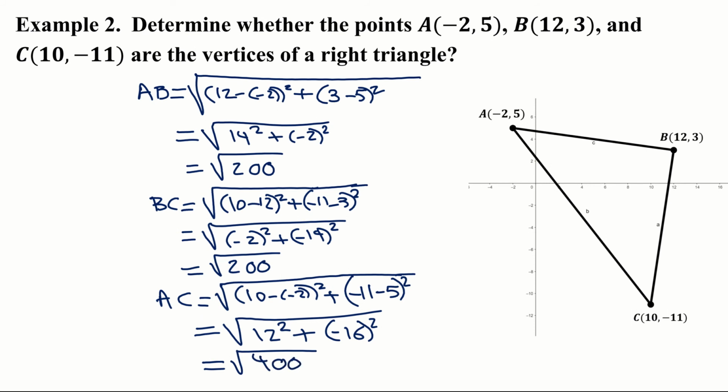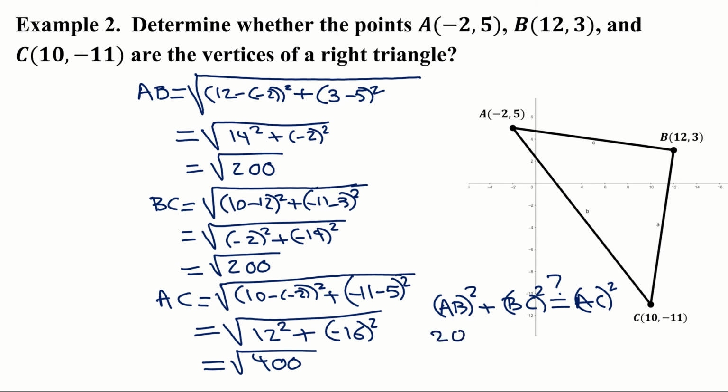Now, of course, we want to prove that the square of one side plus the square of another side equals the square of the third side. So we're going to look at the squares. So the square of AB plus the square of BC, those are the shorter sides, so we assume those would be the legs. We want to know if that's equal to the square of AC. And of course, the square of AB is just going to be 200, because what happens when you square the square root of 200?